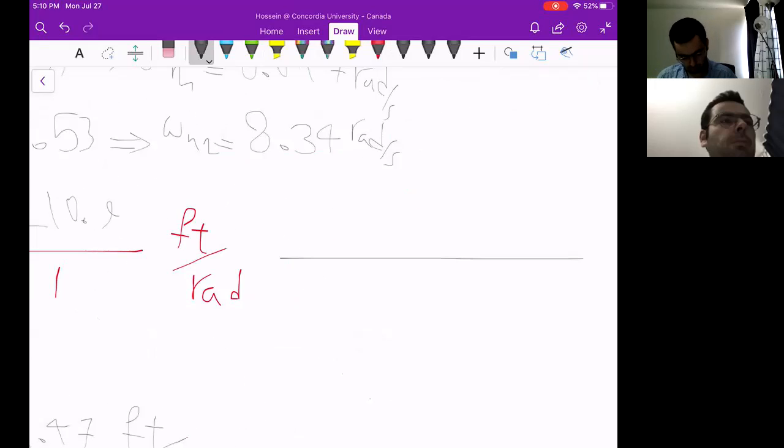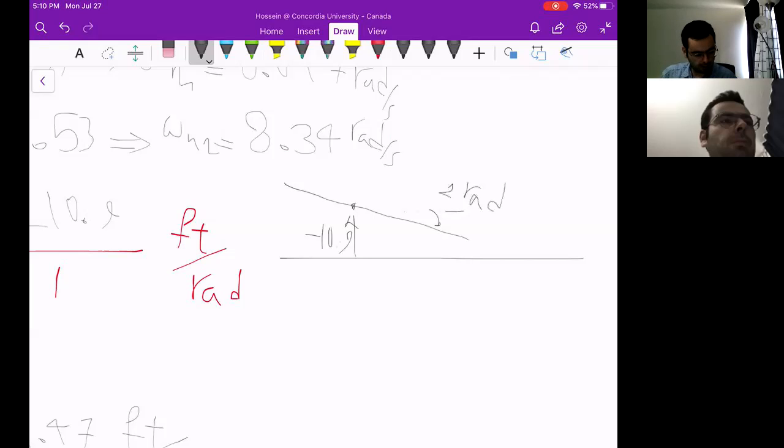So positive rotation, and negative deformation of 10.9 for positive 1 radian.